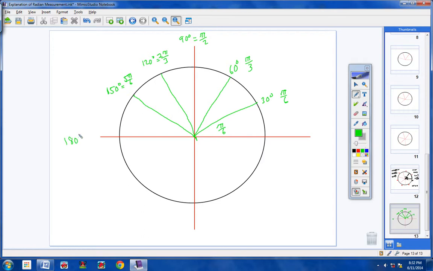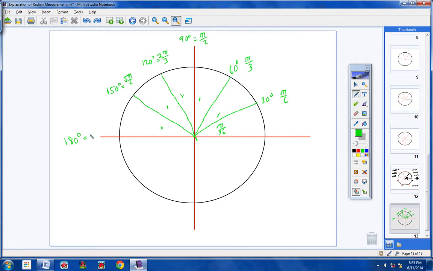That would be 180 degrees, and now I have 1, 2, 3, 4, 5, 6. So I have 6 1/6, and you should know that if you have 6 1/6, that equals a whole. That equals 1 pi. So 180 degrees equals 1 pi, or we really just say pi.